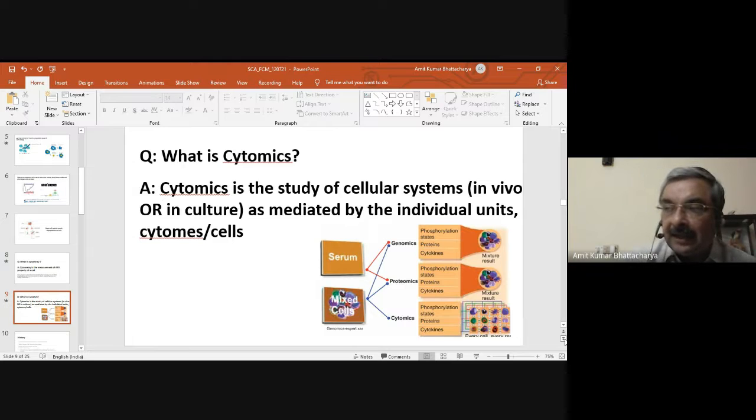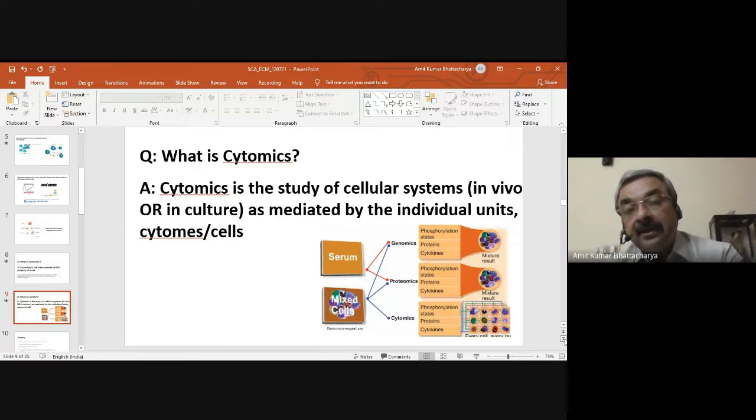And you will find a population of cells either in culture or in the natural situation in the body. So this is more like a systems approach: if there is a population of cells in culture or inside the body, how the behavior of individual cells is controlling the behavior of the total population.